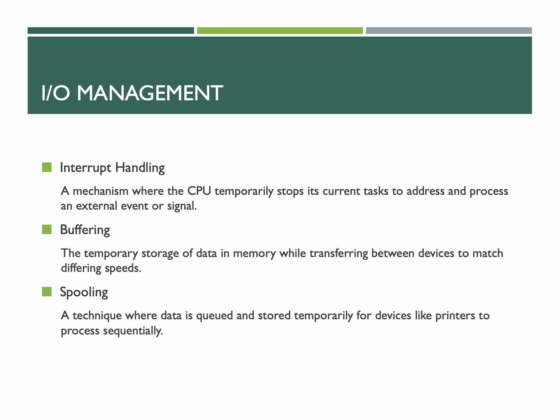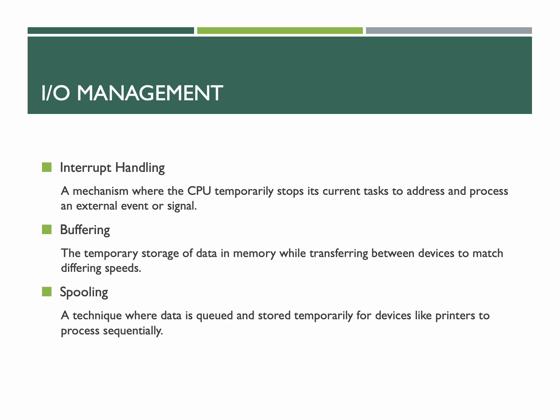Interrupt handling is a mechanism where the CPU temporarily stops its current task to address an external event or signal. For example, when you press a key on the keyboard, an interrupt is triggered to notify the CPU of your input. This ensures the CPU can respond promptly to critical events without continuously polling devices, saving resources.